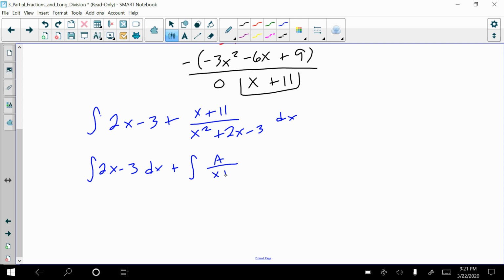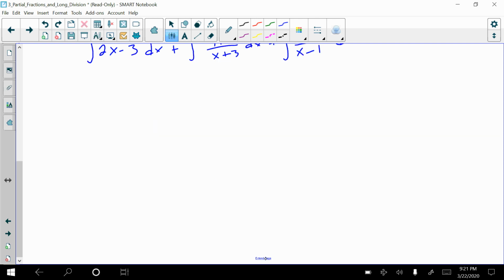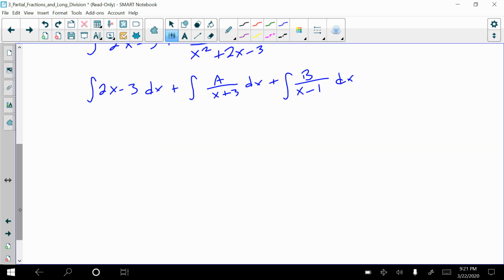So I'll put the x plus 3 here, dx, plus B over the second factor, which would be x minus 1, dx. And we need to figure out what the values of A and B are.